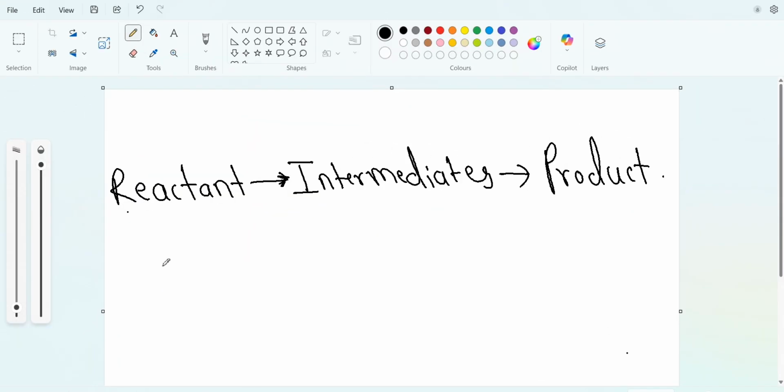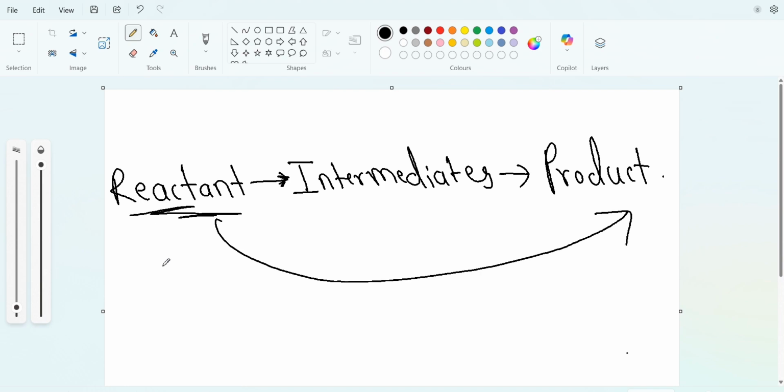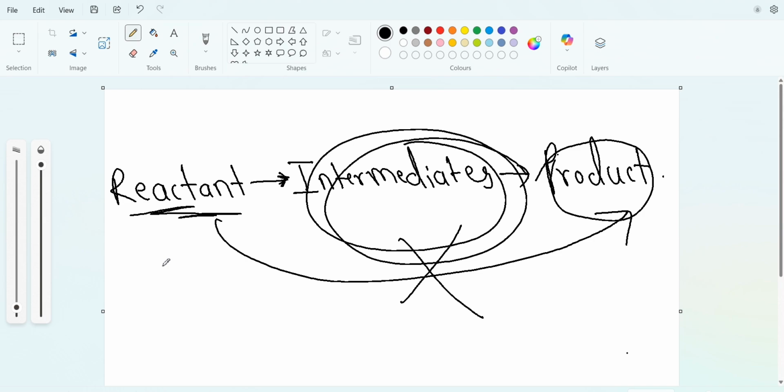See, when a chemical reaction happens, the reactants don't directly form the product. They first form a temporary unstable species called the reaction intermediate.